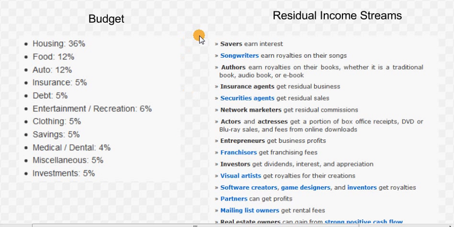Now, the point I want to make here is that it's important to note that you should not be depending on your income from your job as the basis for this system. This is a system that must rely on residual income that does not come from employment. That's the whole point here. Because if you're relying on employment, then you're not financially free.